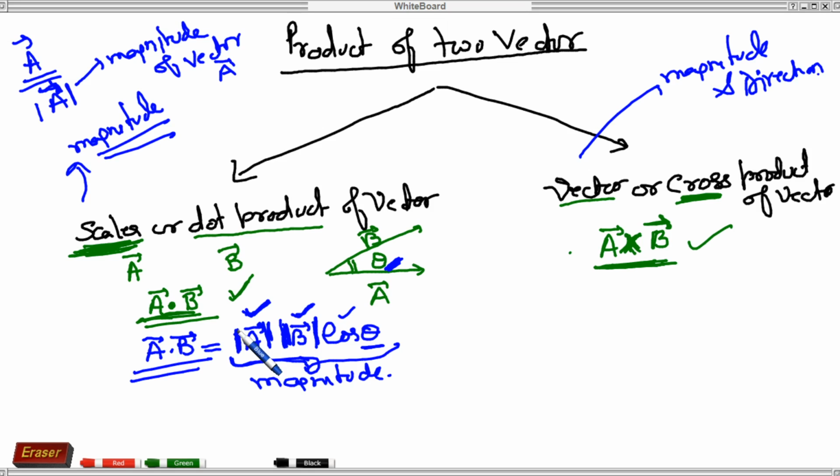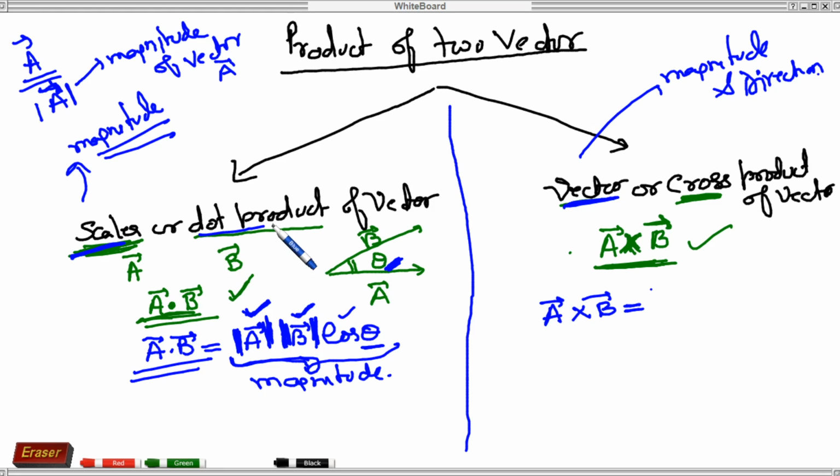So you can see here, now how we are going to represent this A cross B. Suppose this is vector A, this is vector B, cross B. Like I wrote here, you should remember that the dot product gives us the scalar quantity. They are scalar or dot product of vector, and vector or cross product.